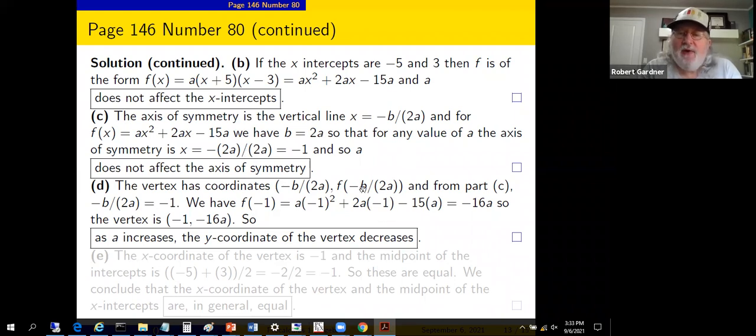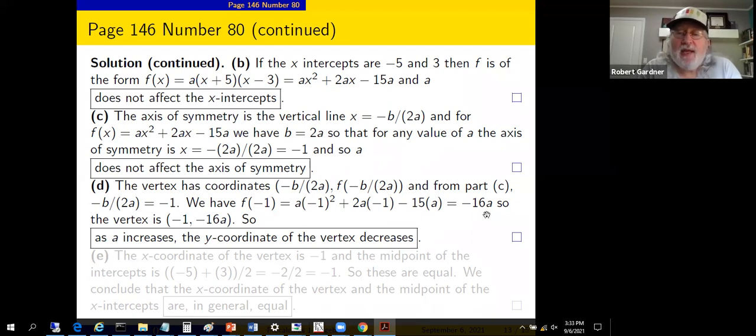So what's f of negative b over 2a? Well, negative b over 2a equals -1, so it's f of -1. We'll plug that into the function. Here's a convenient expression for the function at this stage. We'll plug -1 in for x. That'll produce a times -1 squared plus 2a times -1 minus 15a.